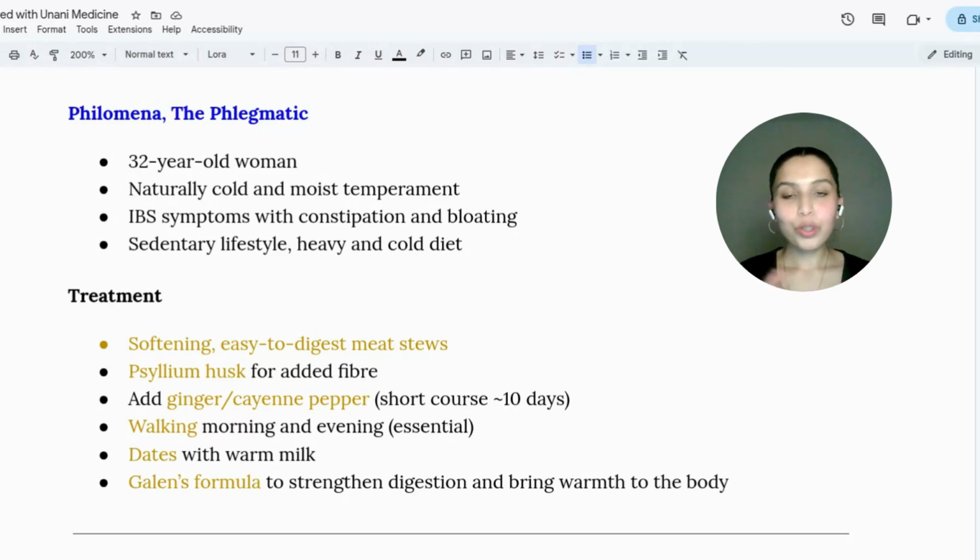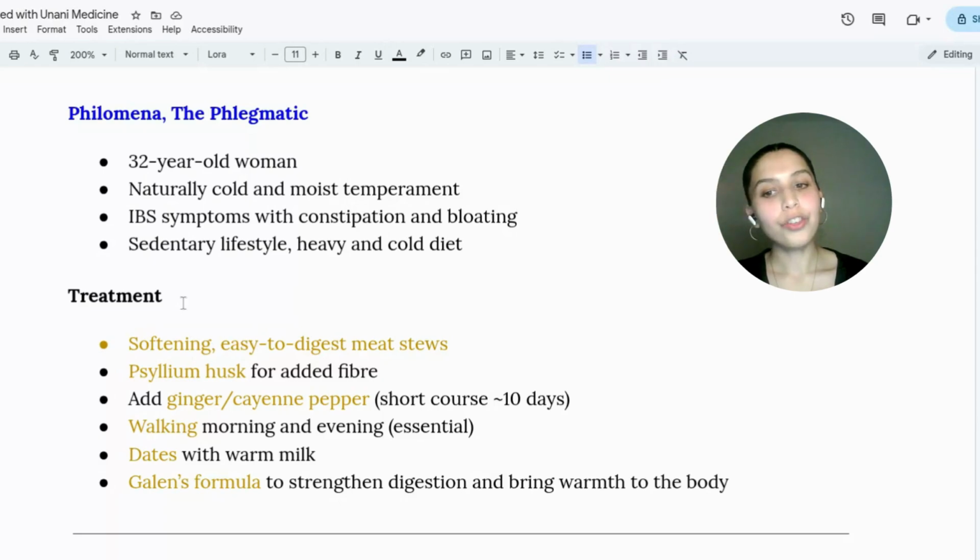The type of foods you eat will impact your temperament in Unani medicine. If you're eating cold foods, your body will become cold. If you're eating heating foods, your body will become heating. So if you're already cold, you need to eat more heating foods to stop it from becoming excessive, to maintain a balance.